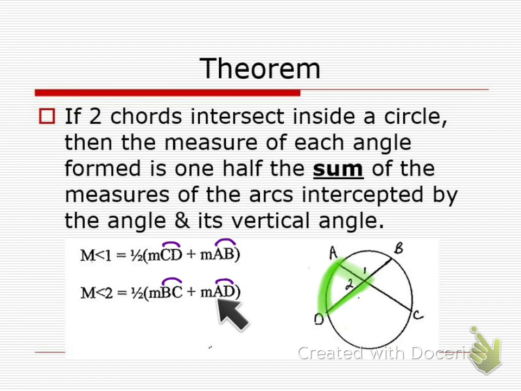The other arc I'm interested in is the one completely opposite from it. So that's going to be the arc between B and C, which is why that's the other arc that they included. Add them together, divide by 2. That's going to give you the measure of angle 2. Questions about this theorem before we practice it with actual values, numbers?